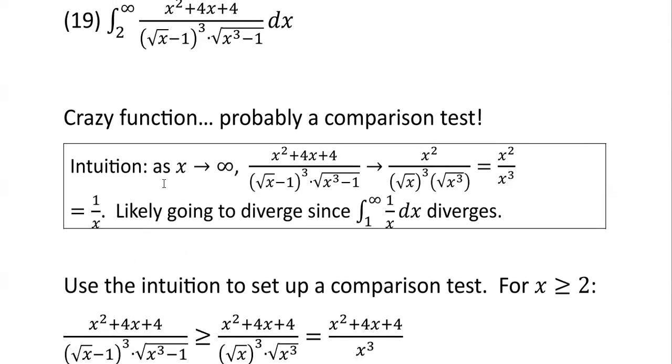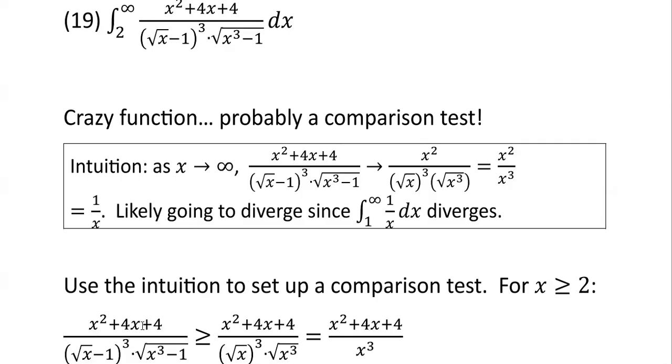But anyway, I'm going to set up a comparison test. We're going to use this intuition to help us out. We're not doing the limit comparison test, but we're going to use the kind of results of the limit comparison test to help us set up the direct comparison test. So for x greater than or equal to 2, this is our original function.